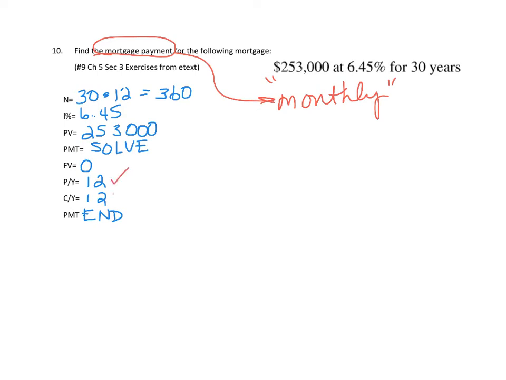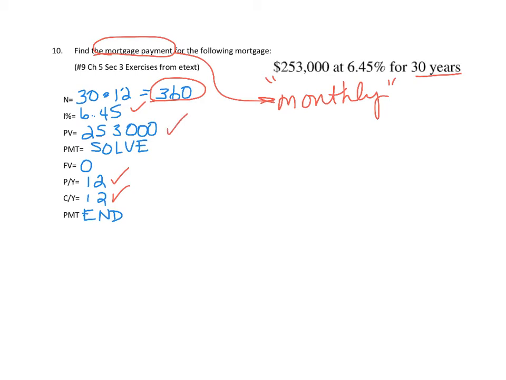So 12 payments a year and compounded interest 12 times a year. So over the course of 30 years, you're going to make 360 payments, and your interest will be compounded 360 times. Your interest rate is 6.45%, and the amount that you borrow to purchase the house, so this is cash inflow to you, is $253,000.